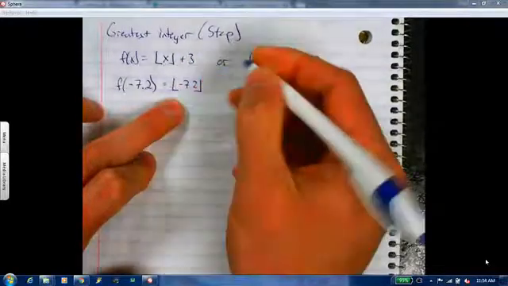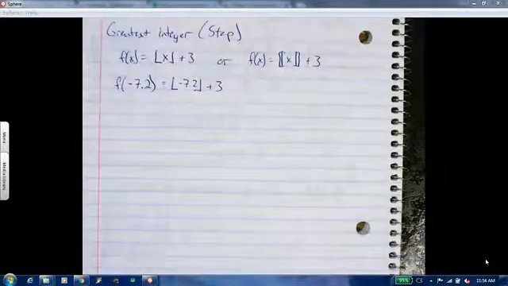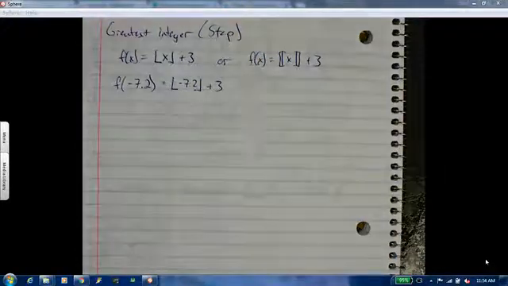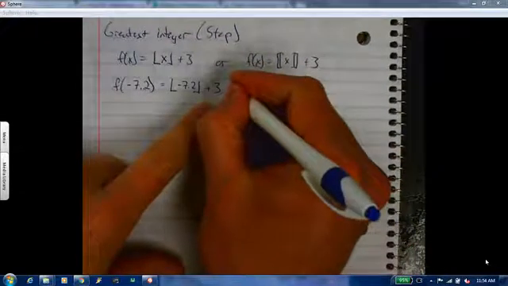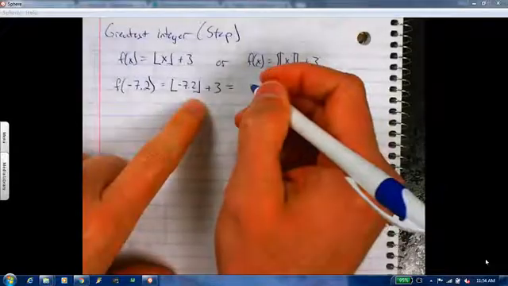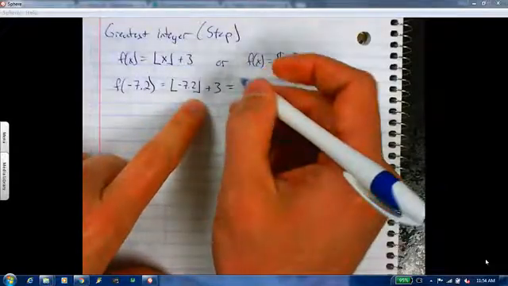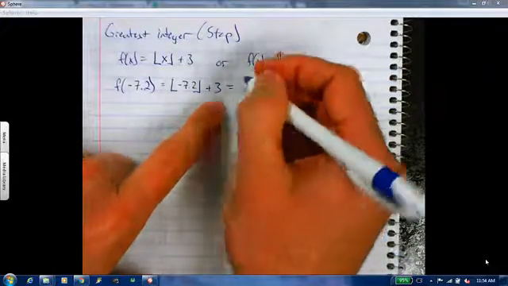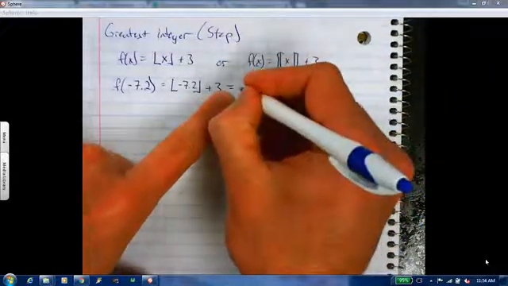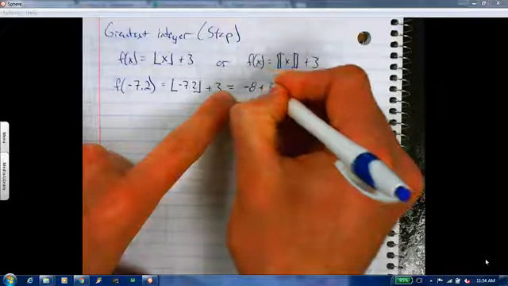So round down negative 7.2. If I round it down, I go down to negative 8. If I was at positive 7.2, I'd round it down to 7. This is missed by quite a bit. I remember from the class on the test when we had this question, so maybe go back and find that test and look over this question. This would be negative 8 plus 3, so our final answer is negative 5.